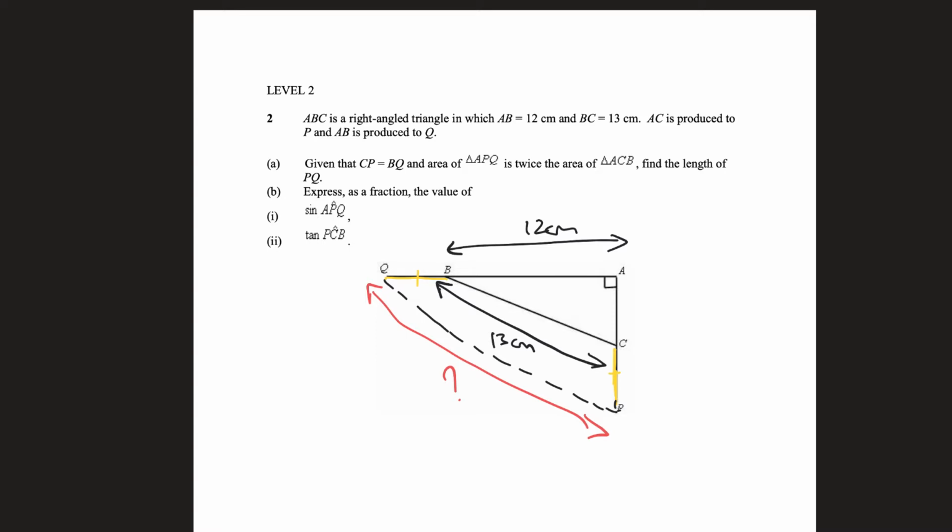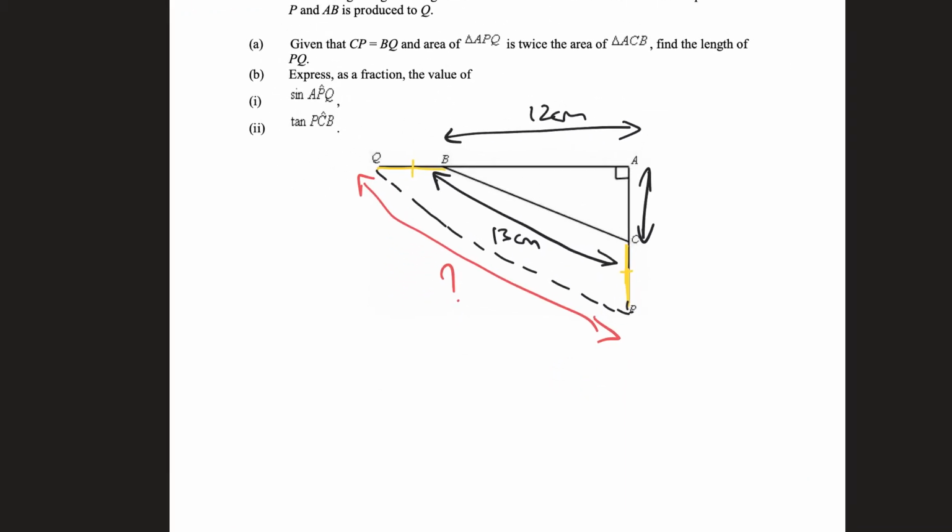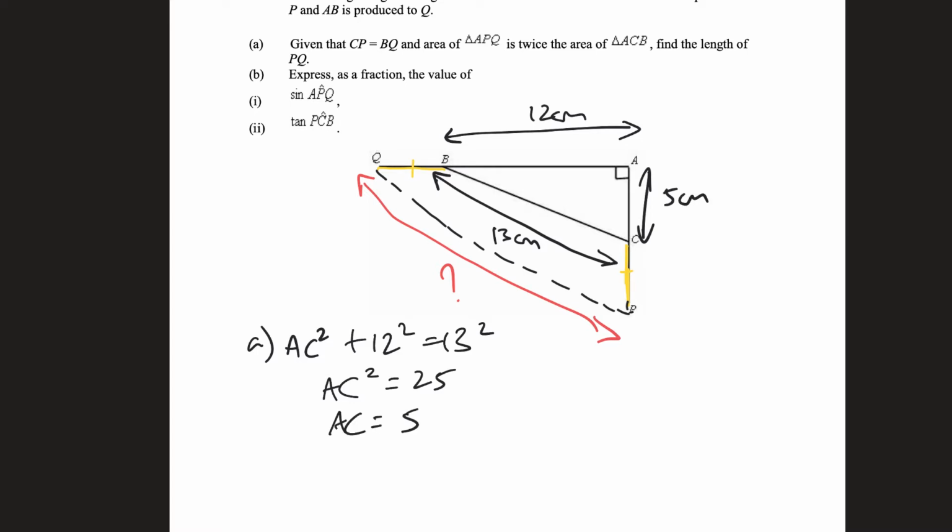So let's first look at ACB. We can find this using Pythagoras theorem. So AC squared plus 12 squared equals 13 squared. Then AC squared equals 25, and AC therefore is 5. So this is 5 cm.